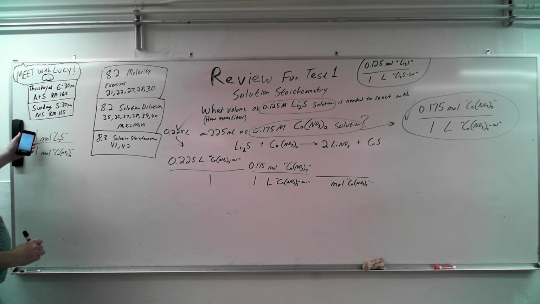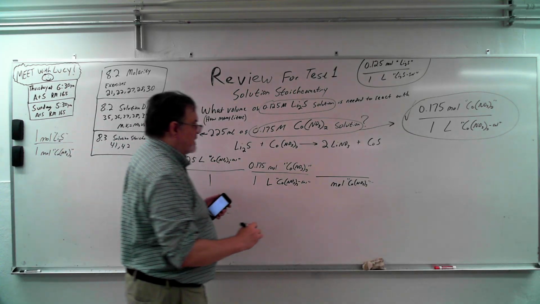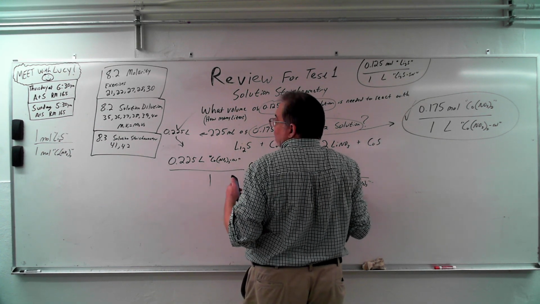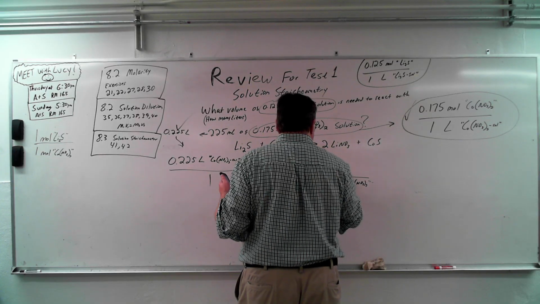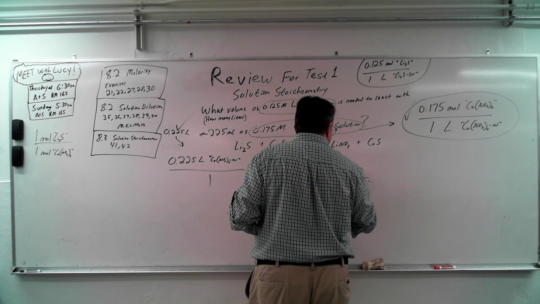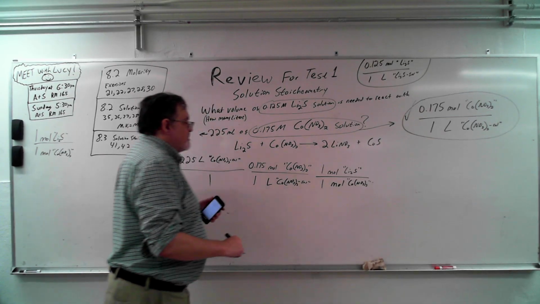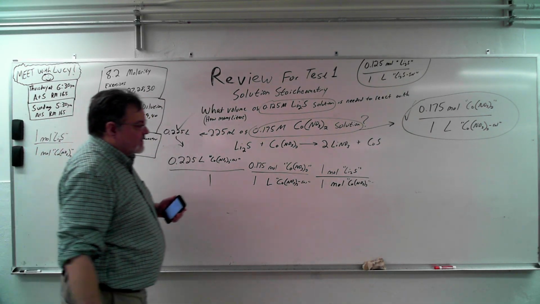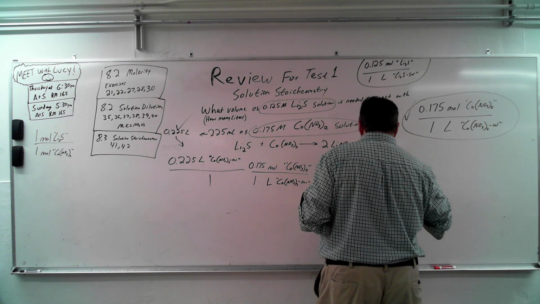I would still go ahead and just write these ones, even though it's 1-to-1, just to make sure the units are straight. 1 mole of CoNO3, 1 mole of Li2S. Last point is we've got to have moles of Li2S on the bottom. That's lithium sulfide.